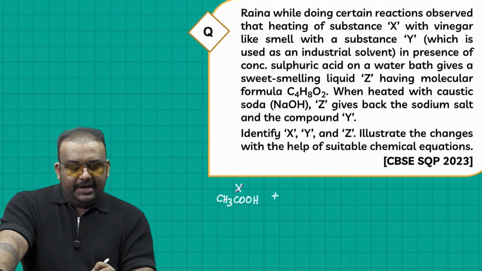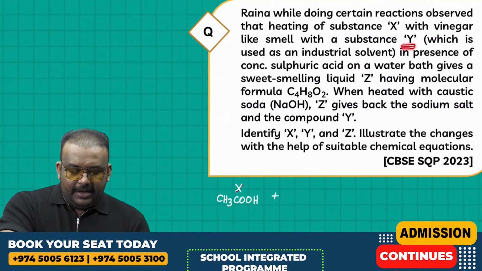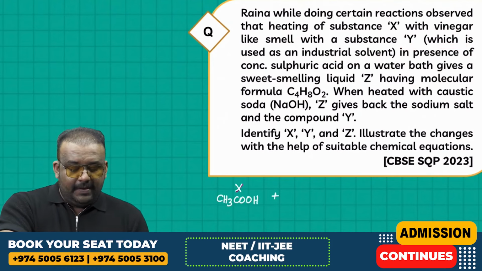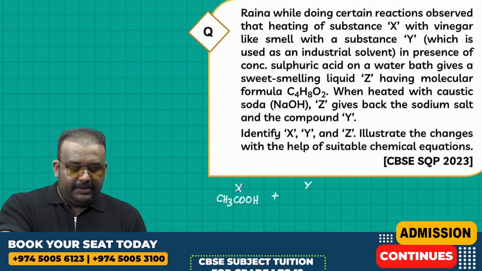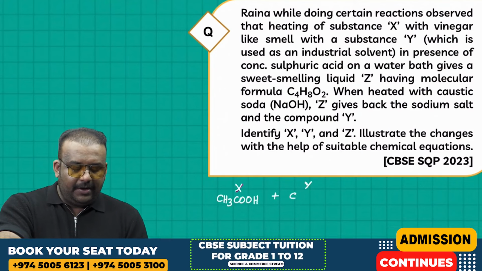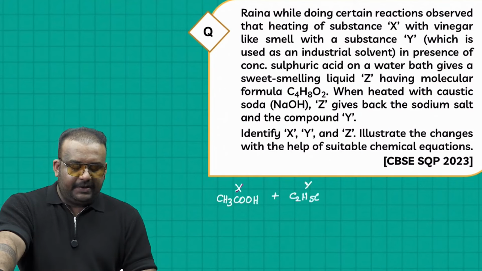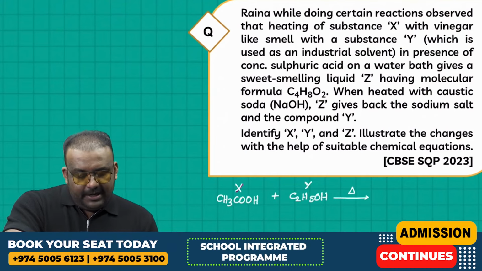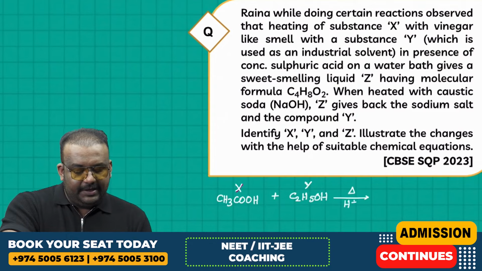Plus, it is heated along with a substance Y, and Y is used as an industrial solvent. One of the most frequently used industrial solvents is ethanol, C2H5OH. So they both are heated in a water bath in concentrated sulfuric acid.